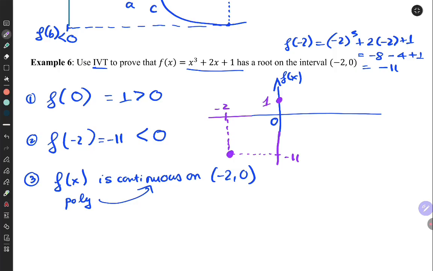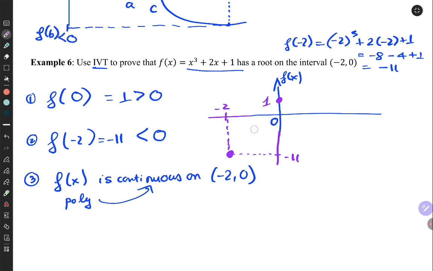Because it's continuous, I'm able to connect them, right? No matter what I draw, I always cross here, at least once. You can do this. Do you cross? Yes, you cross. I'm trying to cheat, still cross, no matter how you do it, because it's continuous.